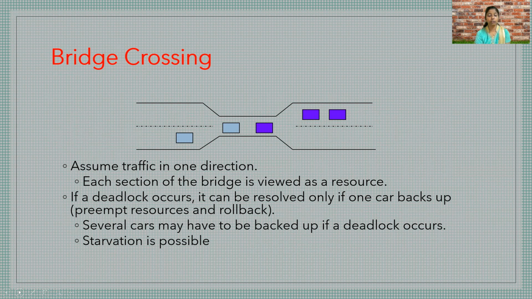Otherwise, the situation will indefinitely be the same. And in course of time, in operating system terms, it leads to a state called starvation, where a process is never given a chance to complete its execution by providing the needed resources.